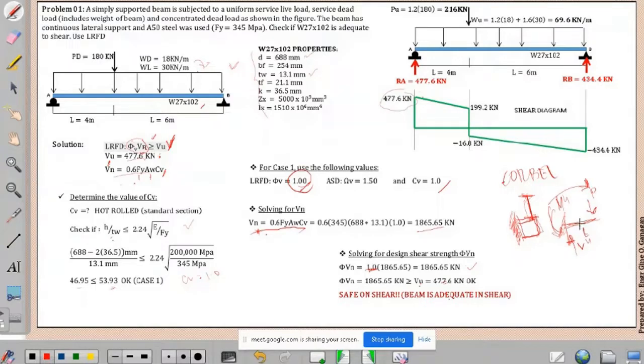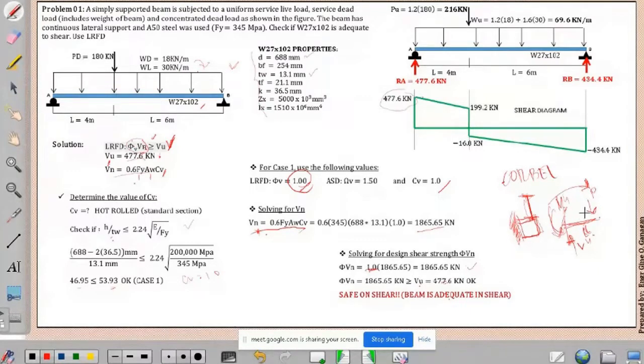In a corbel, MU is not that critical, because getting MU is P times L, and our L is very short. It is small, so it is not very critical in moment.